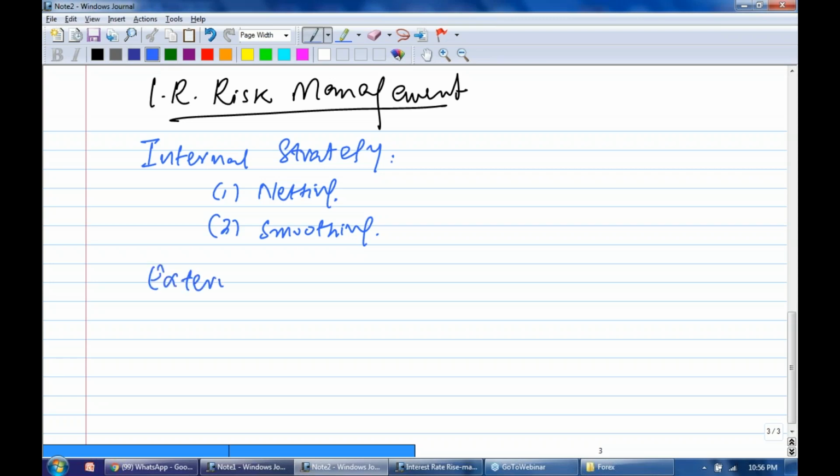Number two is external strategy. And what are the external strategies? FRA, forward rate agreement.